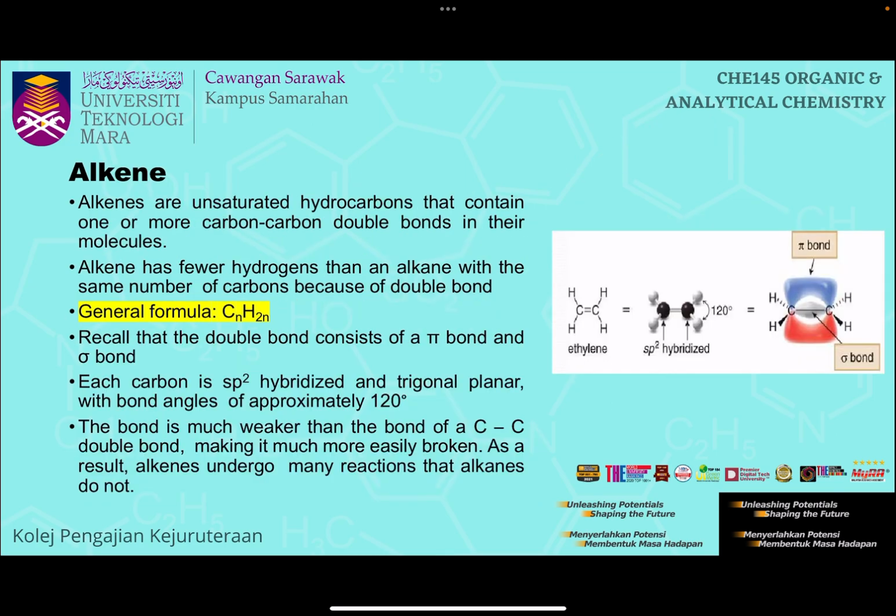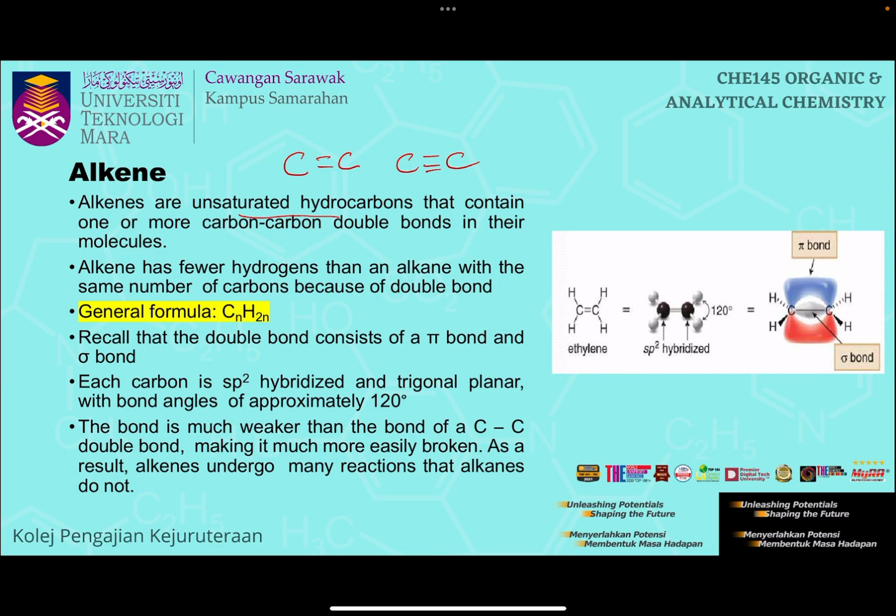So alkene is the first unsaturated hydrocarbon. They contain one or more carbon-carbon double bonds in the molecule. So it can be C double bond C, or C triple bond C. So far, there's no C quadruple bond C, no such thing.